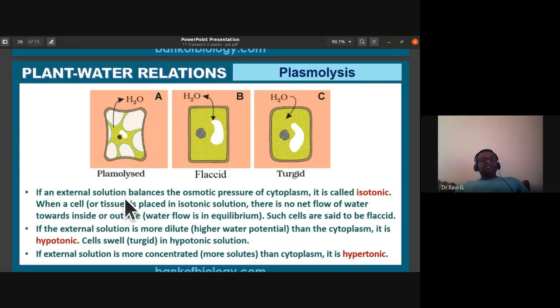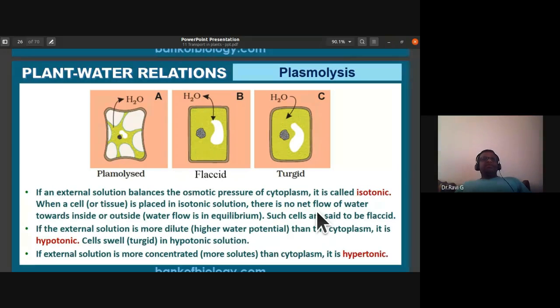If an external solution balances the osmotic pressure of cytoplasm, so the pressure required to prevent the water flow, then that external solution is called isotonic. That is, it has the same concentration as that of the cell sap.